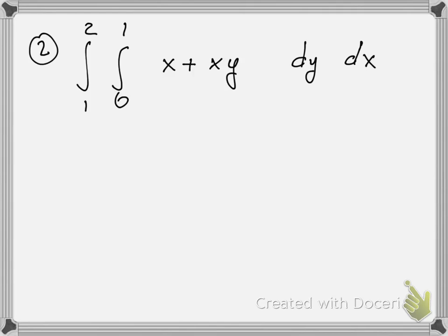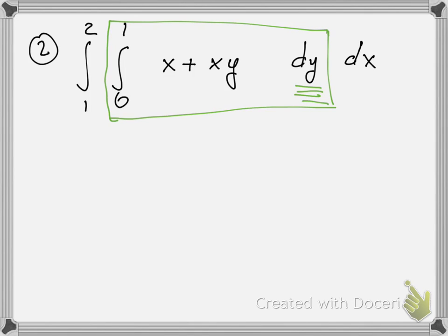So here in this example, we need to be careful. So first, because we have dy first, we integrate with respect to y first. Okay, so we start with y, and y is between 0 and 1.